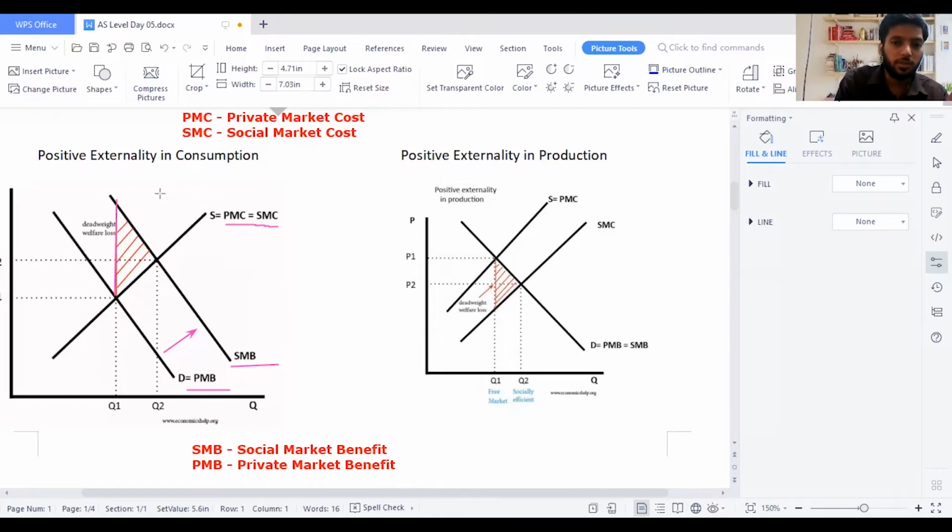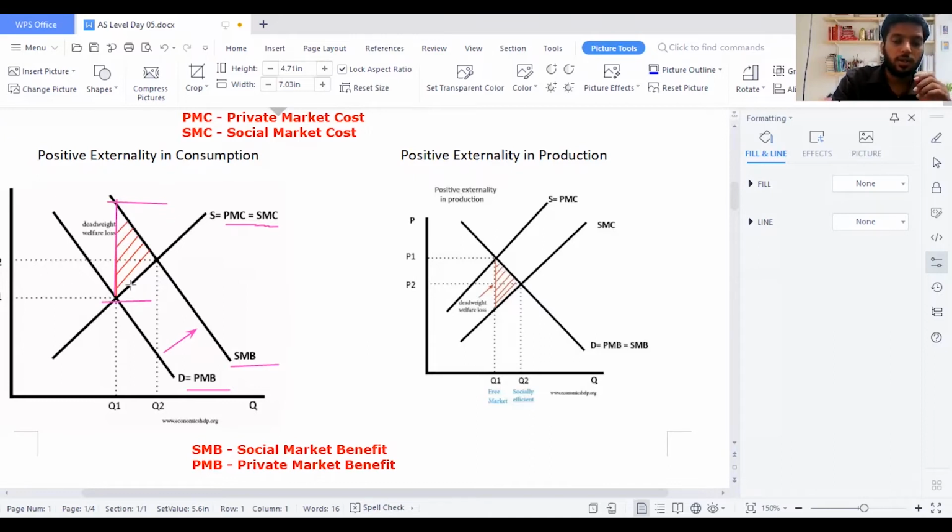For example, you learn from me, you paid me, then you take the knowledge, you go to a company, you teach them at free cost. So what happens? First, you paid me. Then after that, you are giving to society. They didn't pay for this. So if they don't pay for this, the money the supplier is losing here is the deadweight loss.